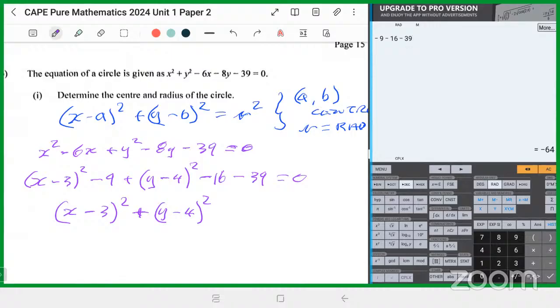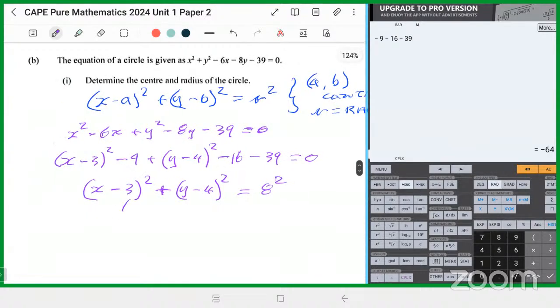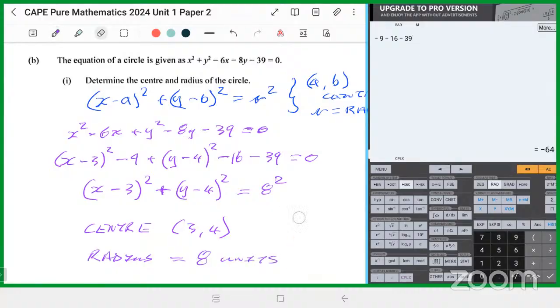That goes on the right side as positive 64, and 64 is the same as 8 squared. So these form the coordinates of my center, 3 and 4, because it is now in this format. So my center is the point (3, 4), and my radius is equal to 8 units. And these are my answers.